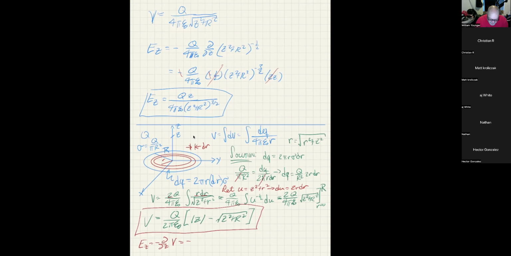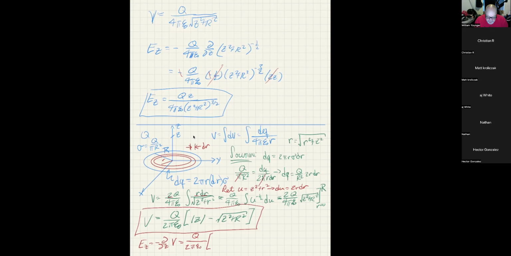And I'm going to say this is just Q over 2 pi epsilon naught, with no negative. And now I'm pretending like the square root comes first, because that's how I got rid of the negative.